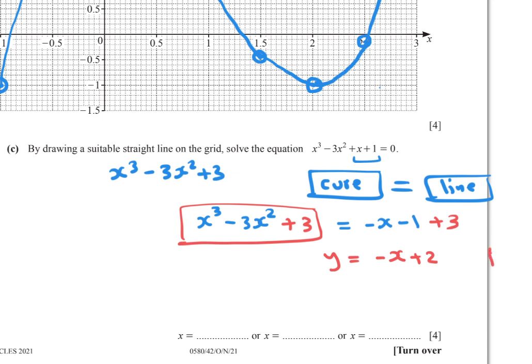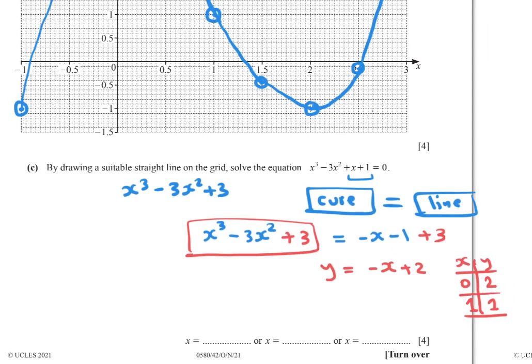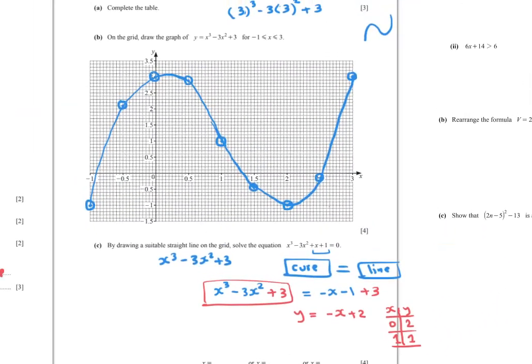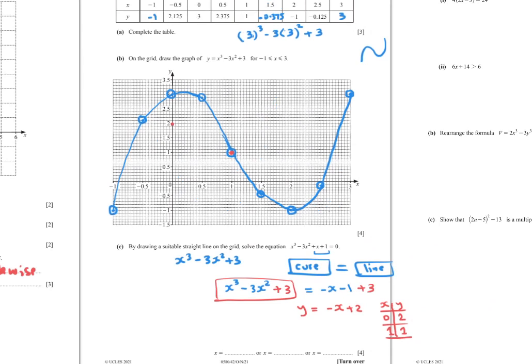Now to draw this line, I need 2 points. Put x equal 0, so y equals 2. Put x equal 1, so negative 1 plus 2, so 1. So 1 and 1. Now draw the line through 0, 2 and 1, 1, and find the intersection between this line and the curve.